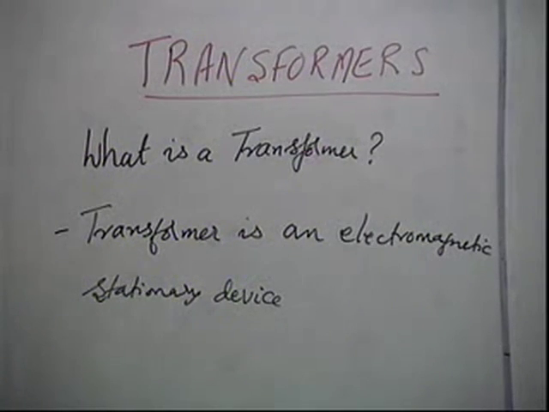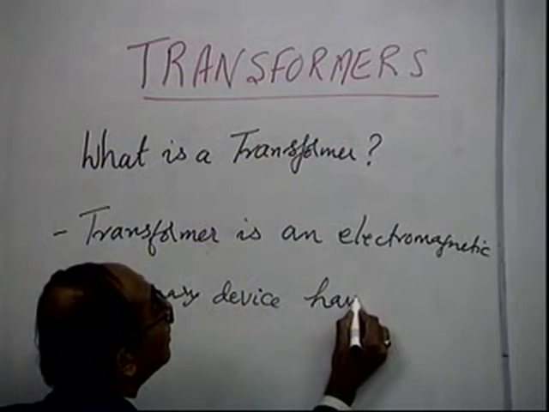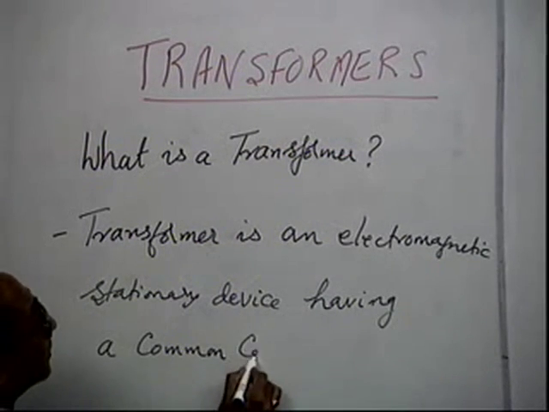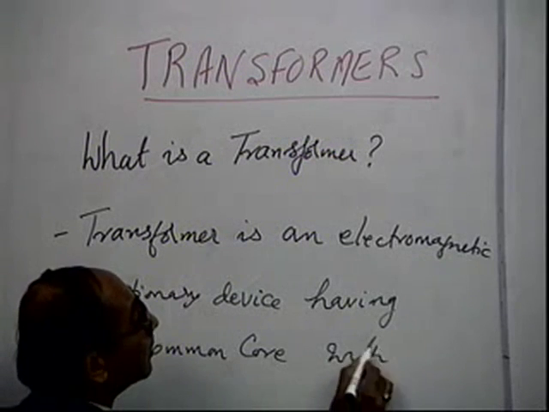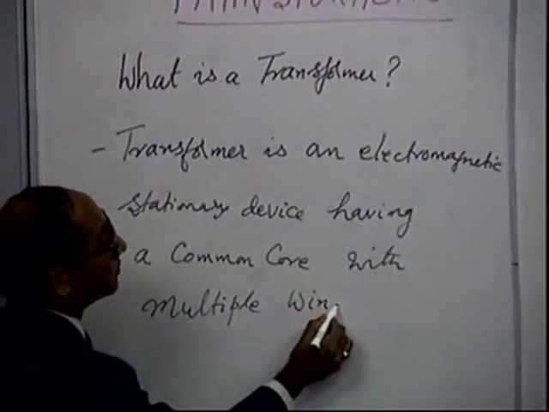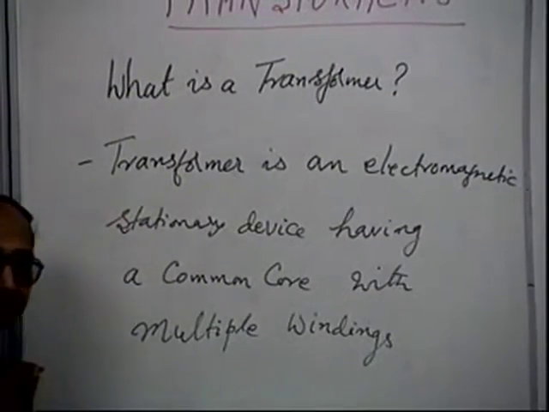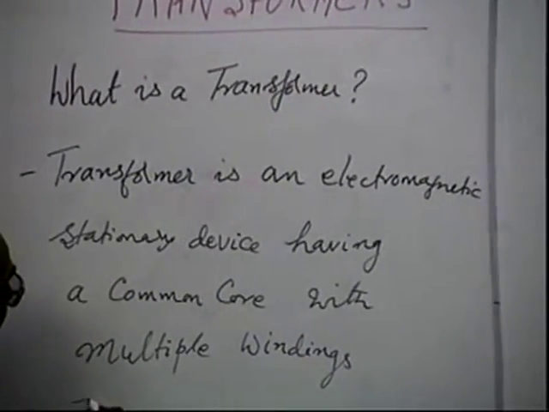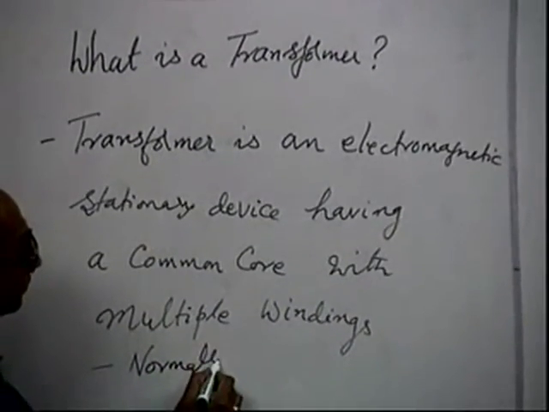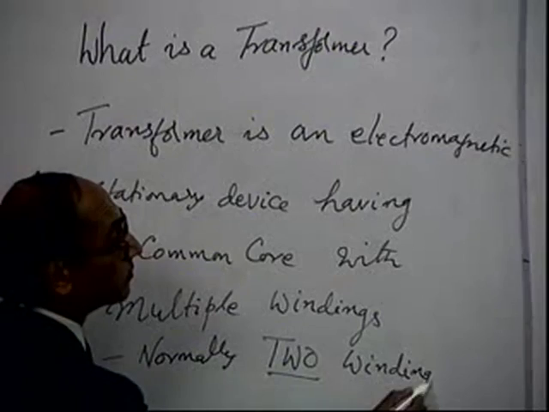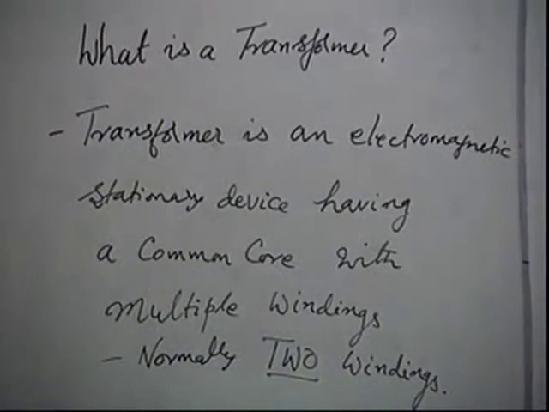It is an electromagnetic device and a stationary device having a common core with multiple windings. There could be several windings, normally two windings. Okay, this is what we call a transformer.